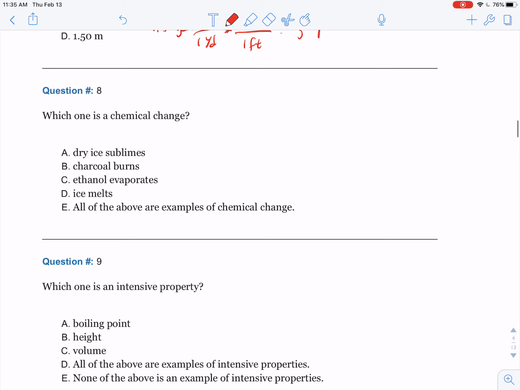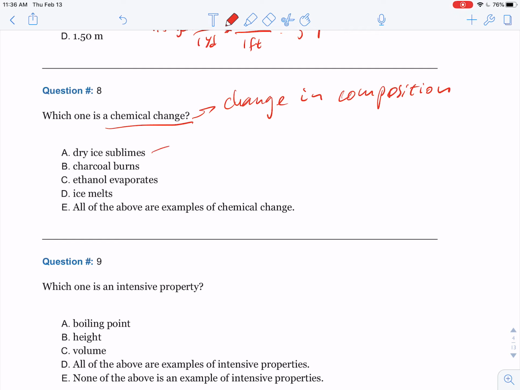Which one is a chemical change? Chemical change, you know, something that implies change in composition. Okay, change in composition. Dry ice sublimes. Well, dry ice is CO2.